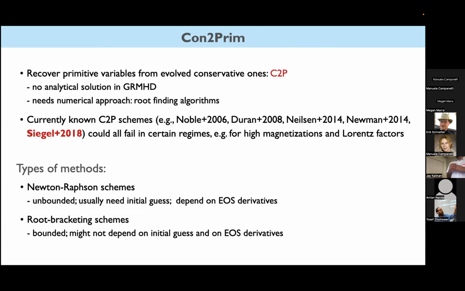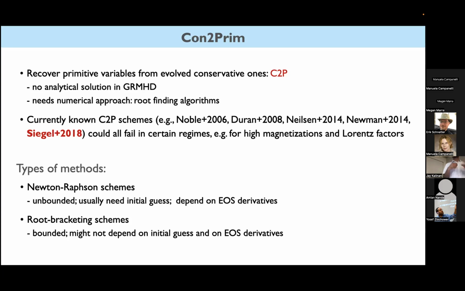Now, the last important core element of a GRMHD code is the cons-to-prim, which stands for conservative to primitive. Currently, there exists no analytical solution to compute your primitive variables from the evolved ones, that is, the conserved variables.